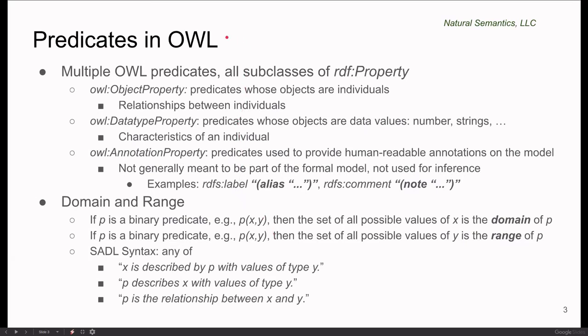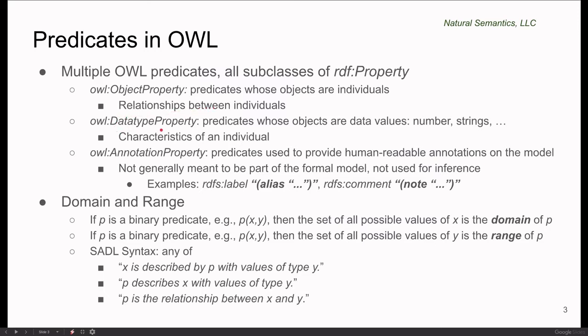Let's discuss predicates in OWL. There are multiple OWL predicates, all of which are subclasses of RDF property. The OWL object property is a set of predicates whose objects are individuals, members of a class. Or in other words, OWL object property represents relationships between individuals.